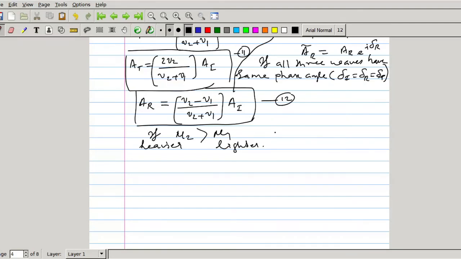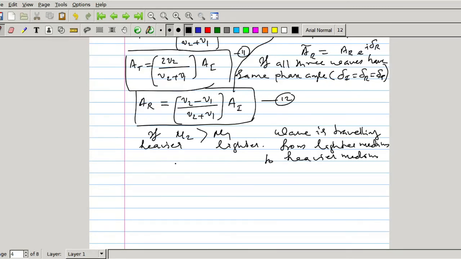So the wave is traveling from the lighter medium to the heavier medium. If it is traveling from lighter to heavier medium, mu2 greater than mu1 means, since V is root of T by mu, V2 less than V1. If V2 less than V1, for the transmitted wave there is no change in phase.